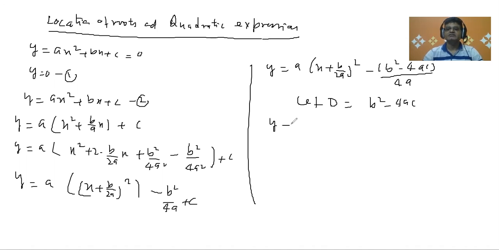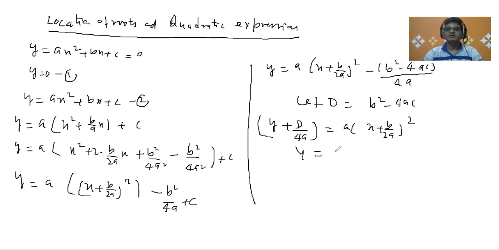So this will become y plus d upon 4a is equal to a times x plus b upon 2a whole square.